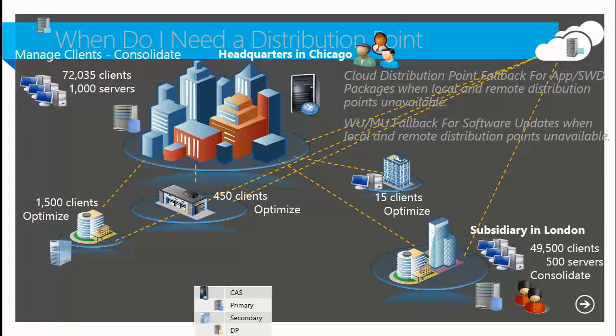I'm assuming all my clients will then go back to Chicago or wherever. It will eventually go back. And if I put a primary site in London, that wouldn't happen, right? If you put a primary site in London, it has to do with what SUP is available for that. And it's not instantaneous that it does this switch.